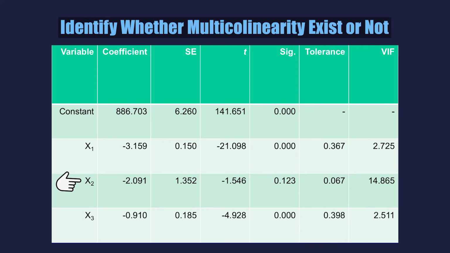But for variable x2, it is 14.865. This points out it's more than 10, so we cannot continue x3 in the data. We either have to run x3 separately or x3 has to be dropped from the data set because it is indicating the problem of multicollinearity.